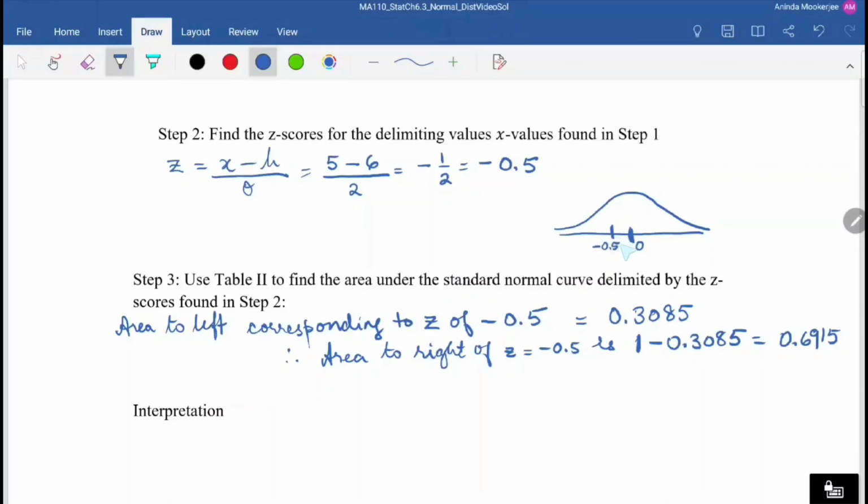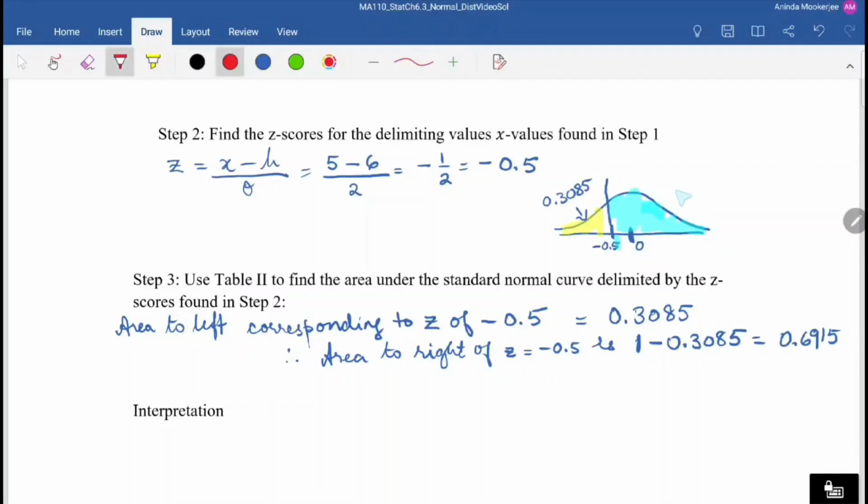Let's mark it here. And we were looking for area to the right to indicate what percentage of values exceed 5, correct? So the corresponding z value for 5 is negative 0.5, and we found the area to the left. So all this area is 0.3085.